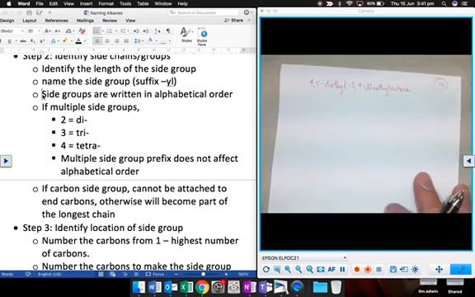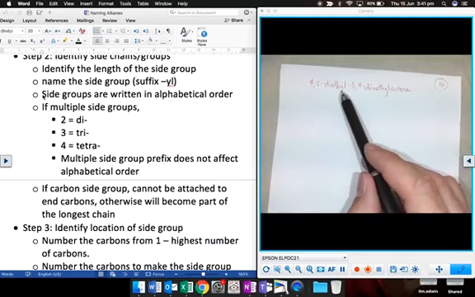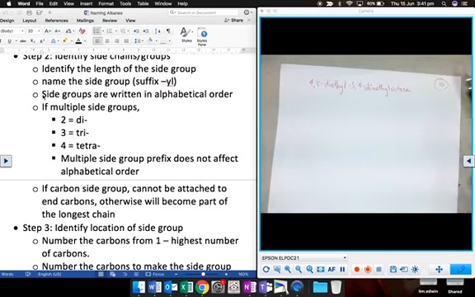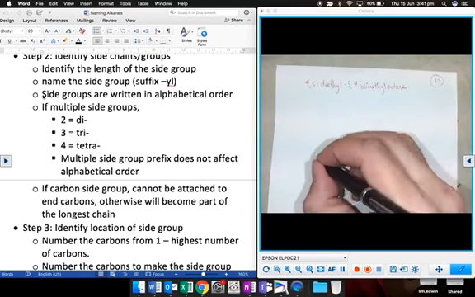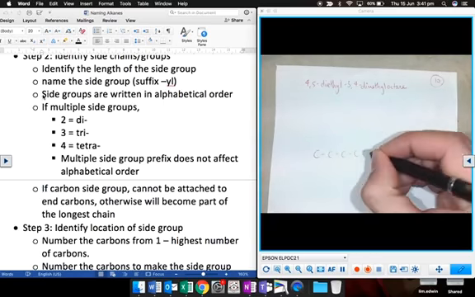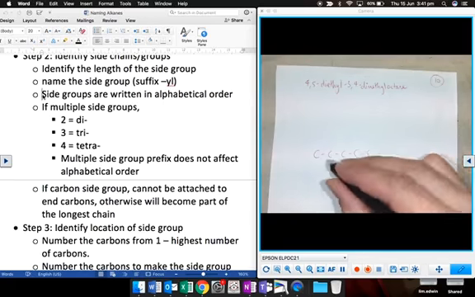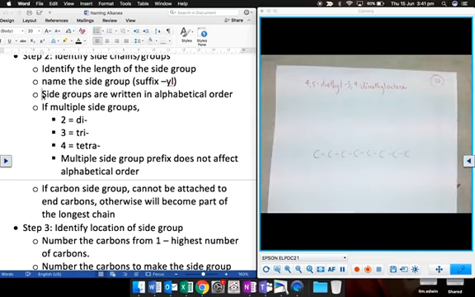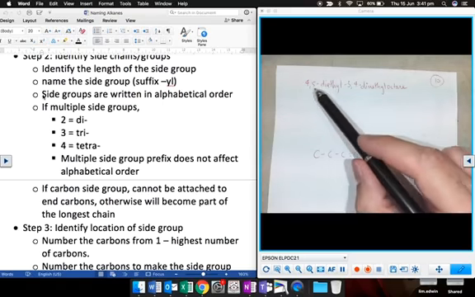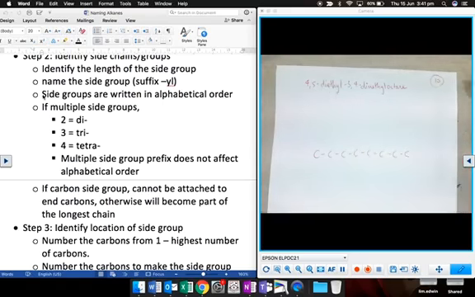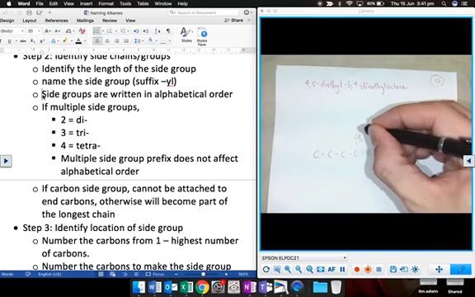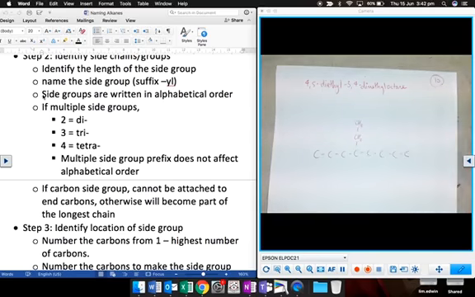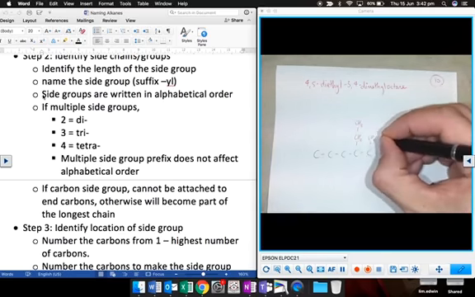Now something a little bit longer. 4,5-diethyl, 3,4-dimethyl octane. Let's draw this out. Which part should we start with? The octane. 4, 5, 6, 7, 8. I got 2 ethyl groups on the 4 and on the 5. 1 here and 1 here.